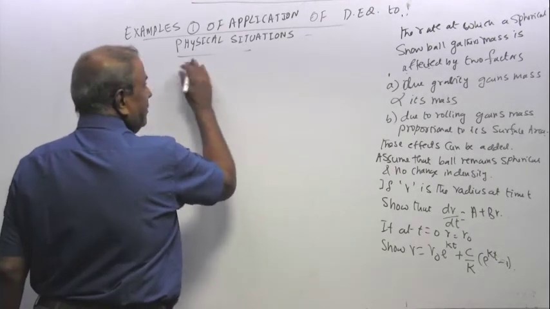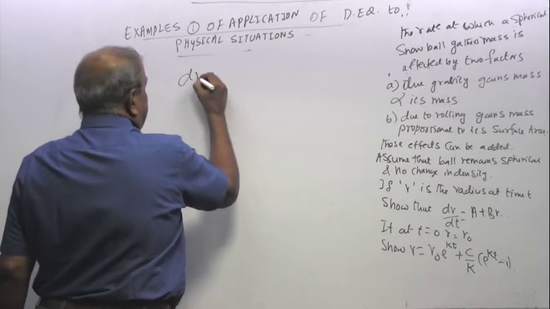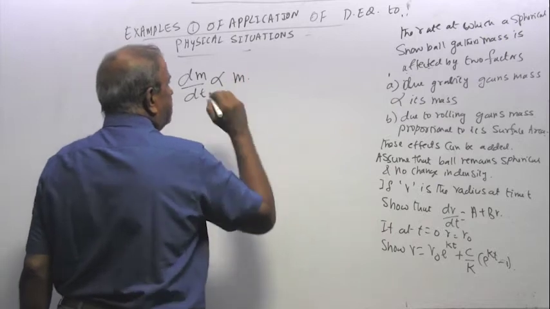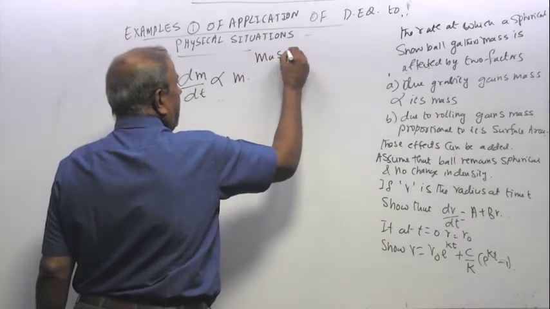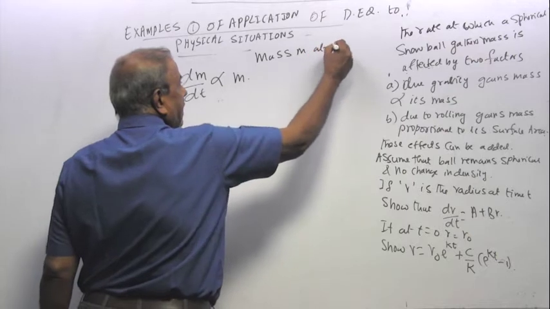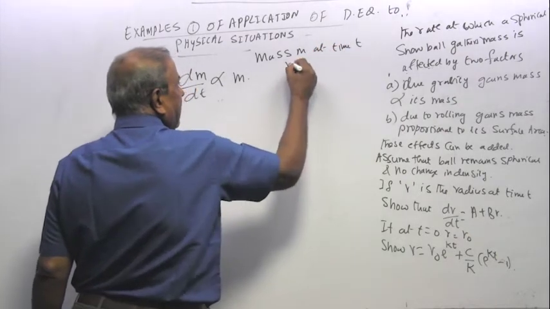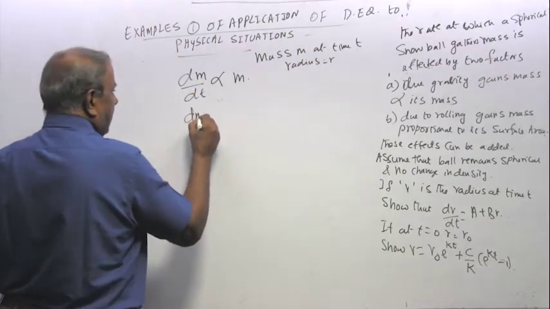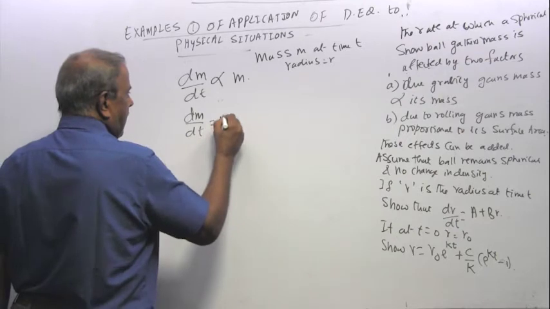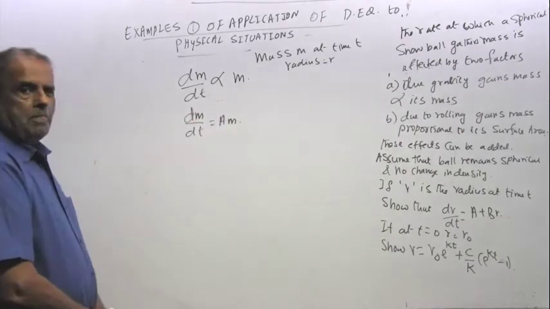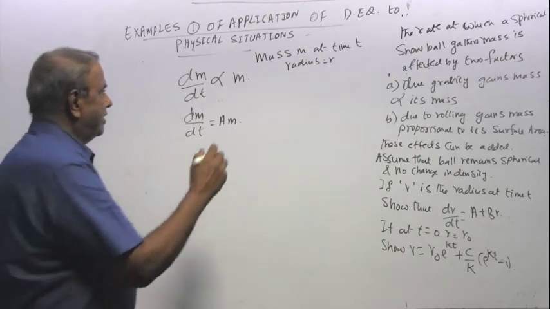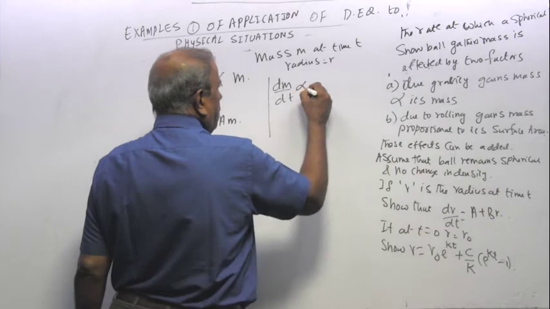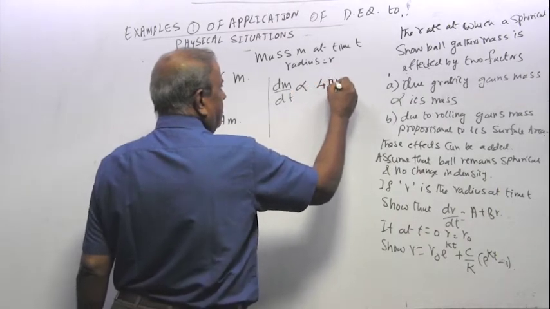So I'm assuming, first and foremost, the rate at which the mass increases is proportional to its mass. So I'm assuming mass m at time t, and radius is r. So can I say dm by dt equal to am, and also dm by dt is proportional to the surface area, 4 pi r square.